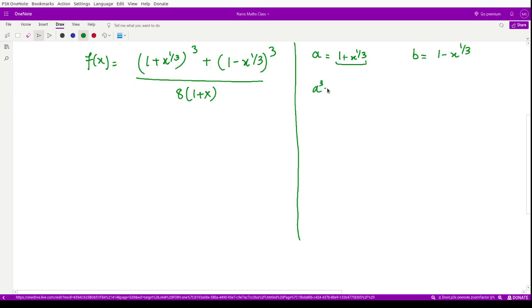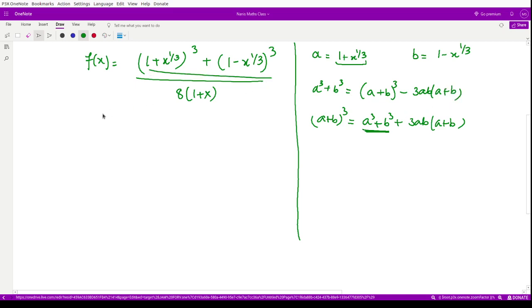We know this formula: using (a plus b) whole cube, which is a cube plus b cube plus 3ab times (a plus b). Accordingly, a cube plus b cube comes out to be (a plus b) whole cube minus 3ab (a plus b).